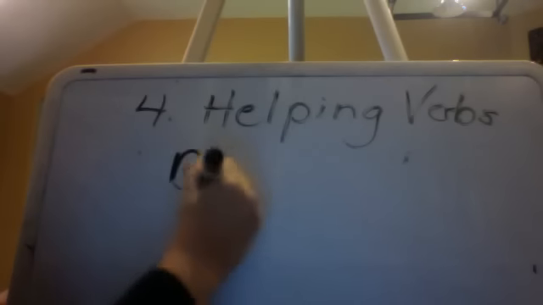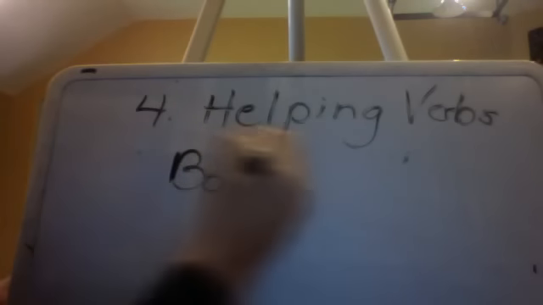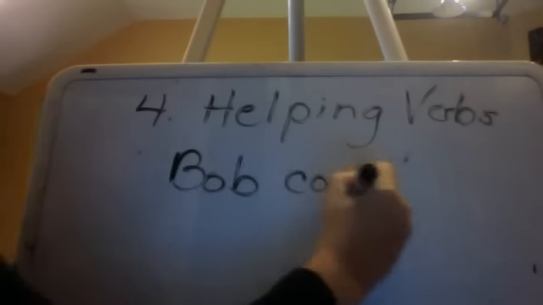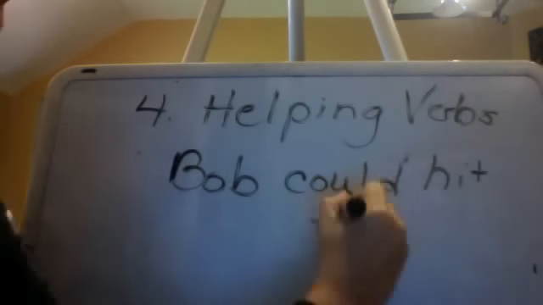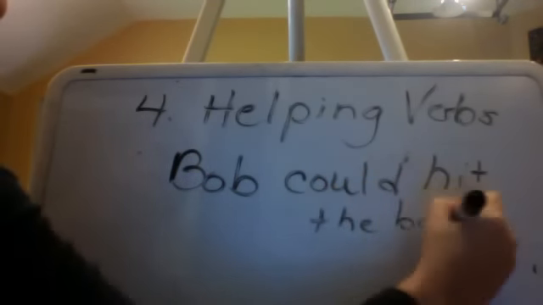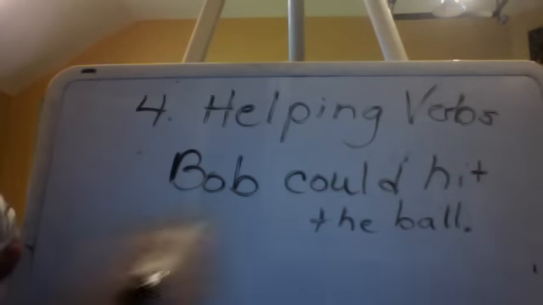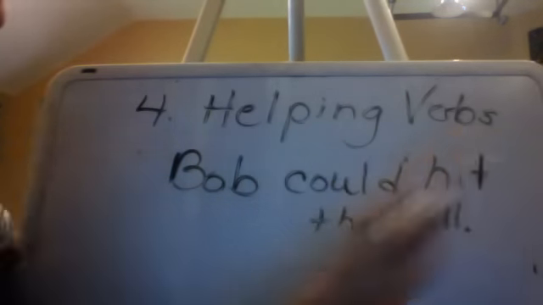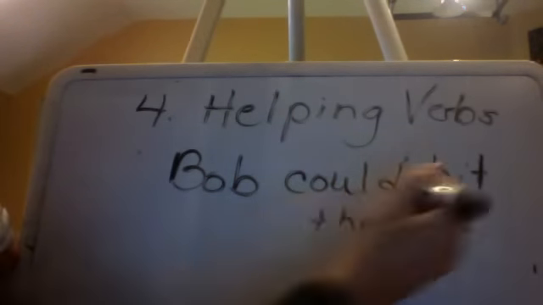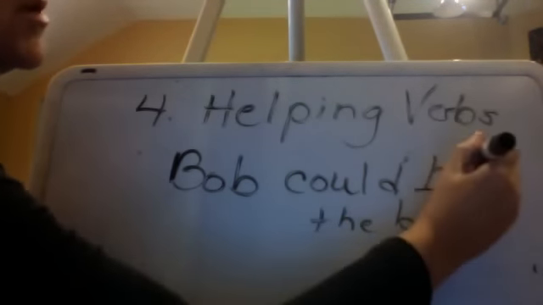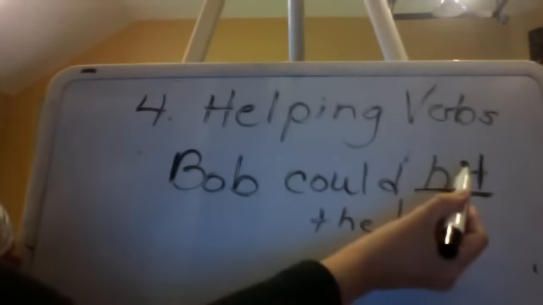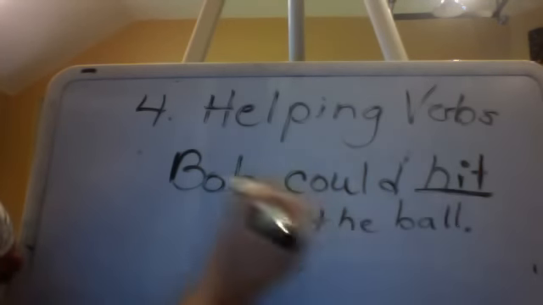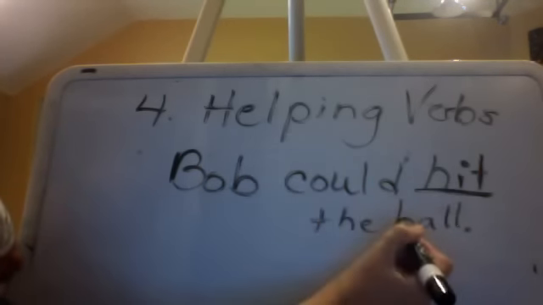To carry the example through with Bob, Bob could hit the ball has a different meaning than Bob hit the ball. The main verb in this sentence is hit, and it is a transitive verb because it's transferring action from Bob to the ball.